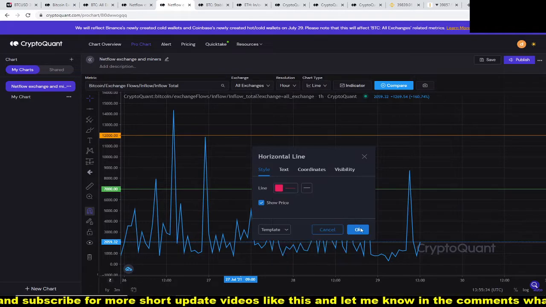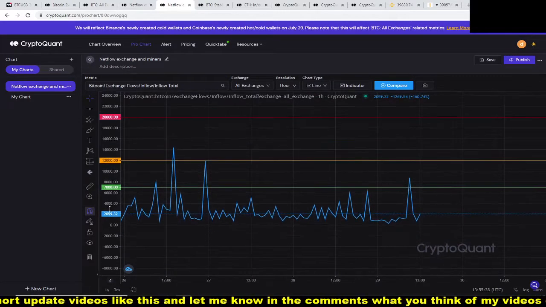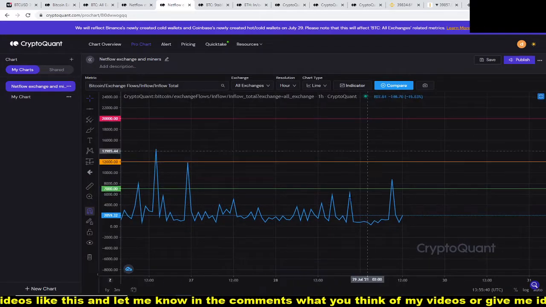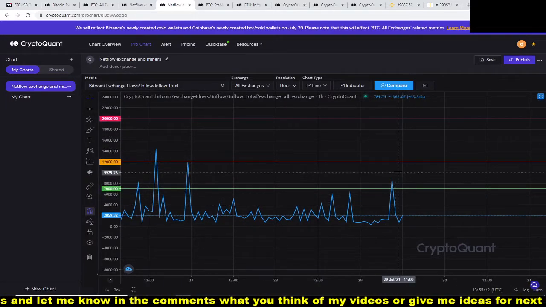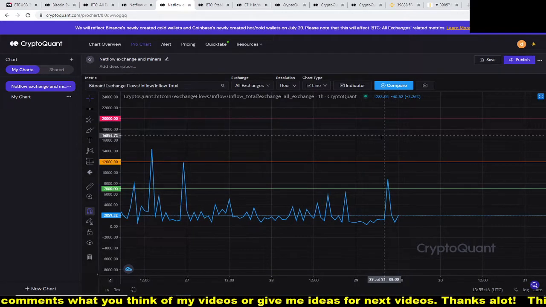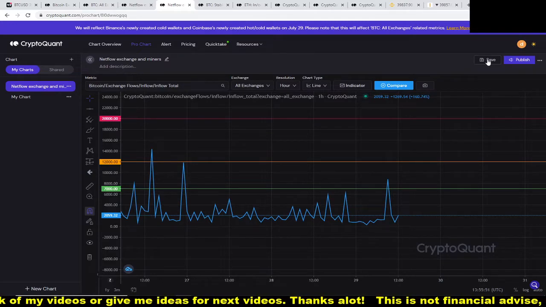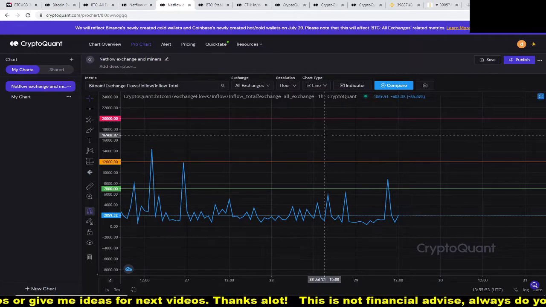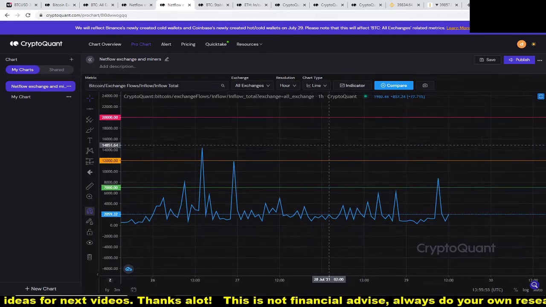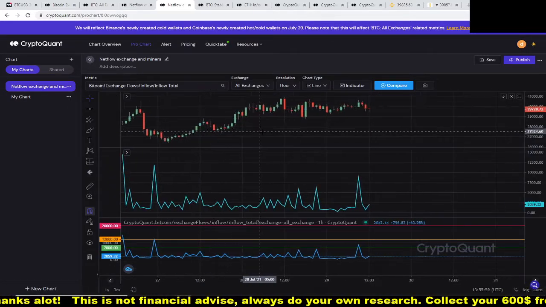Now you can see that these lines will give you a measure of whether it's a danger zone or not. And then you can also save it. If you hit this button, you will save your chart for the next time that you are logging into Cryptoquant. So this is some of the things that I'm watching.